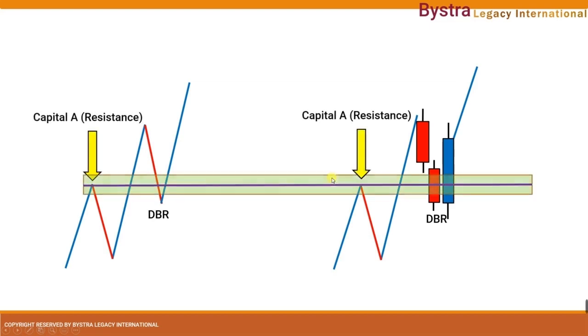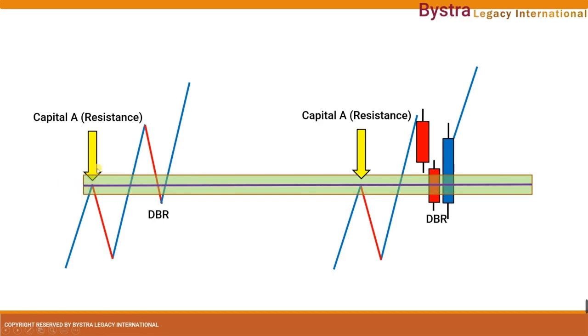Next, we mark the zone. So this zone, like I said earlier, we just mark it so that it is easy to identify. There is no specification how you want to mark the zone. In this case, I'm just going to mark a zone so that it's easy for me to identify when the price comes into this area. So the next thing, what should we do?